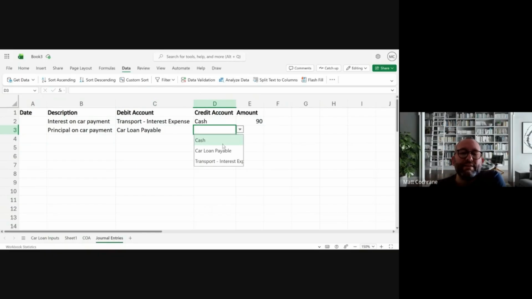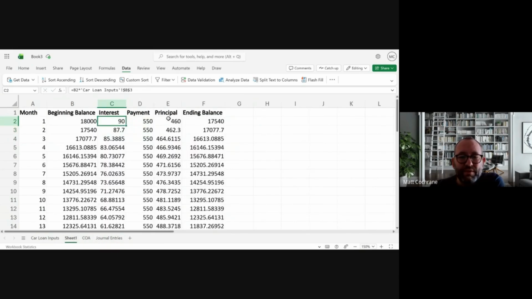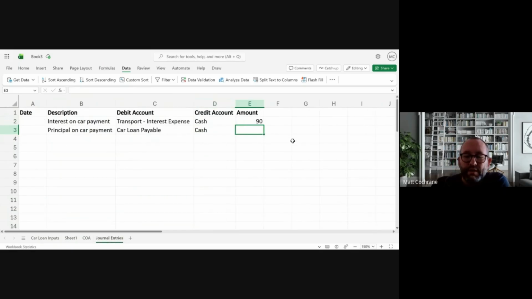And again, this is cash because a portion of that $550 payment is going toward paying down the principal of the car loan, and the other portion is going toward the interest expense. So we go back to sheet one, we say, okay, the principal portion is 460, and we record 460 here. So that is how to deal with car loan payments.